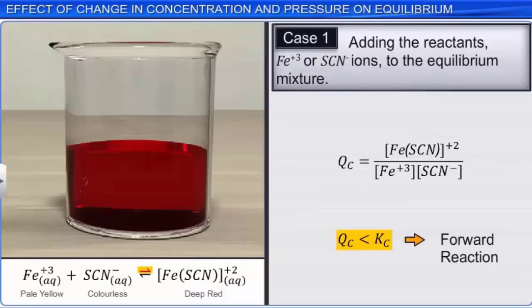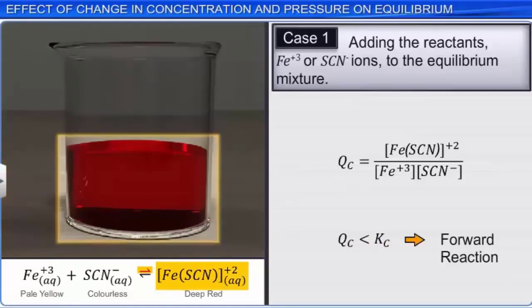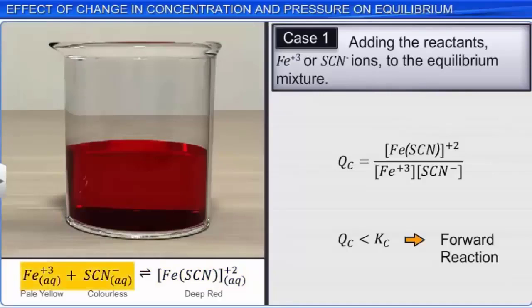That means the reaction proceeds towards the formation of FeSCN+2 ions. This is the reason why the solution becomes dark on the addition of more Fe+3 or SCN- ions. Hence, in general, we can say that increasing the concentration of any one of the reactants always favors the forward reaction.